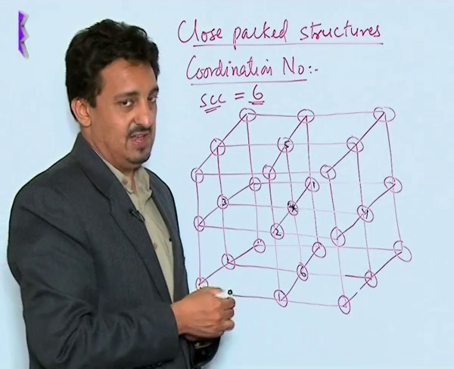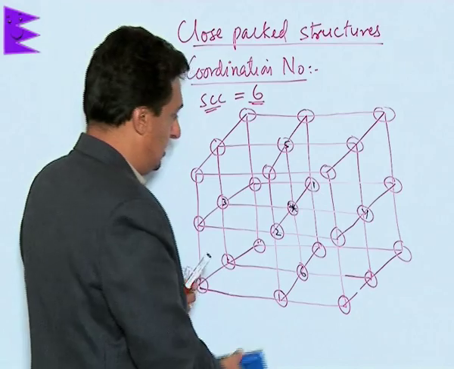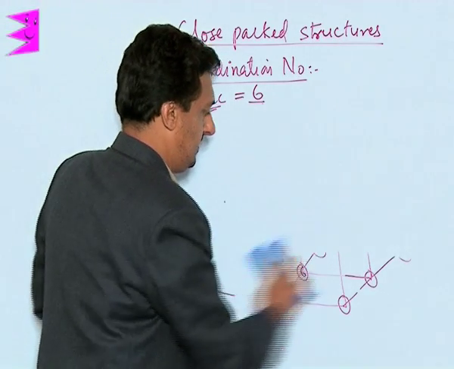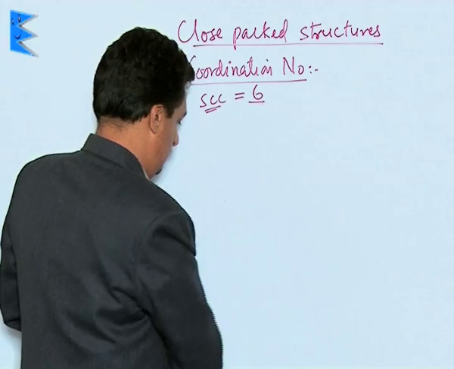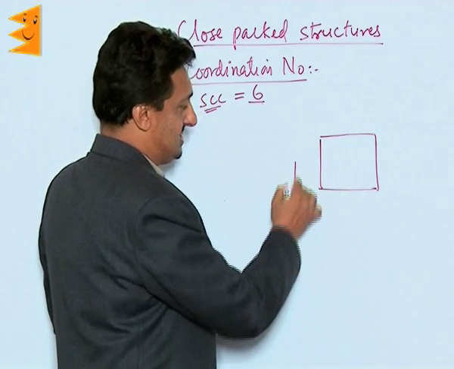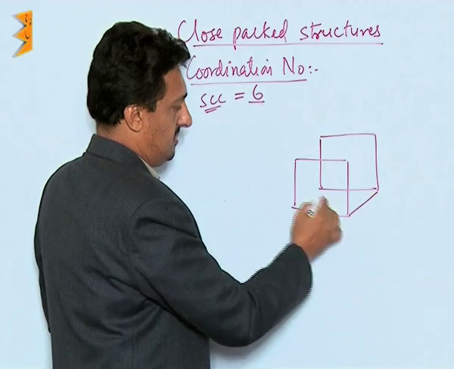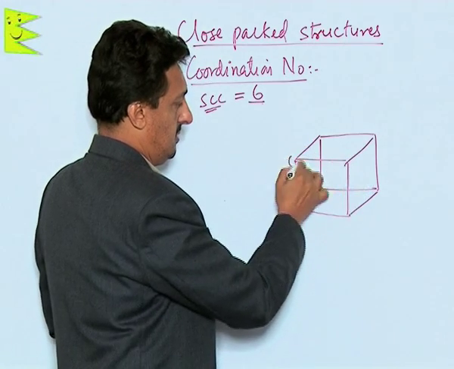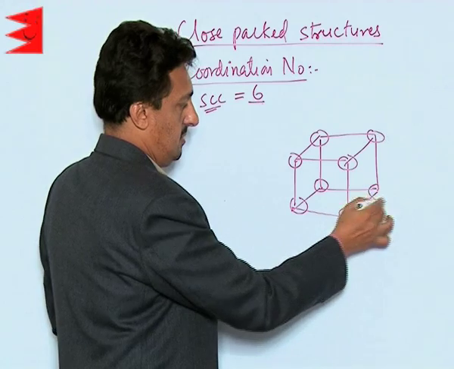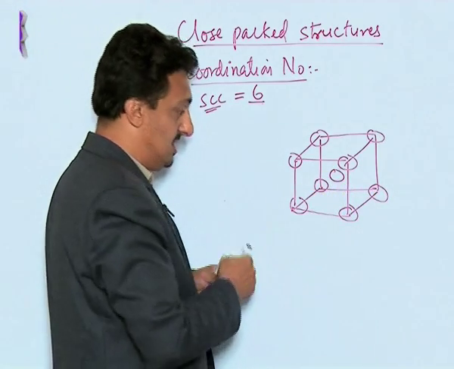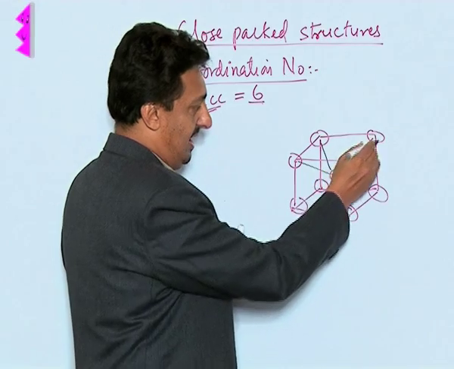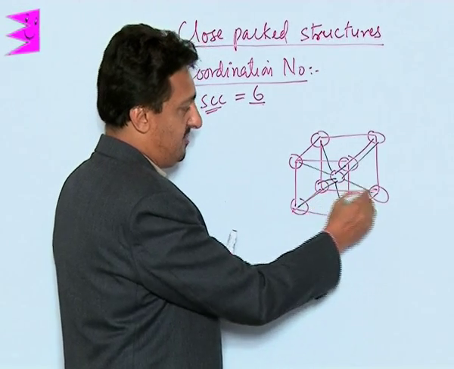Similarly, we can find out the coordination numbers in the other cases. In case of any body-centered unit cell, the particle at the center of this unit cell will be in contact with all those 4 particles lying above it and all these 4 lying below it.